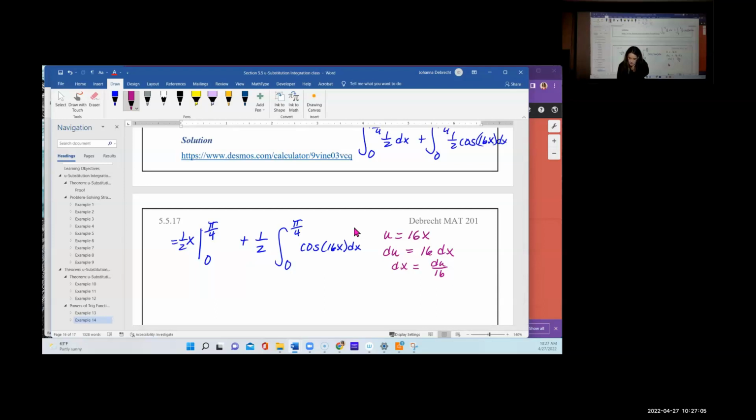So when x equals 0, u equals 16 times 0, which is still 0. When x equals pi over 4, u equals 16 times pi over 4, which equals 4 pi.